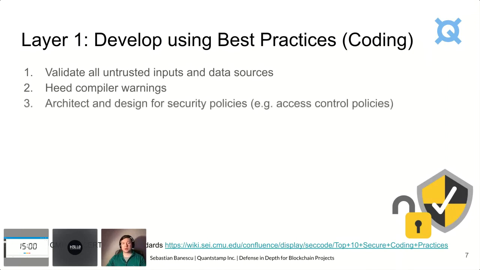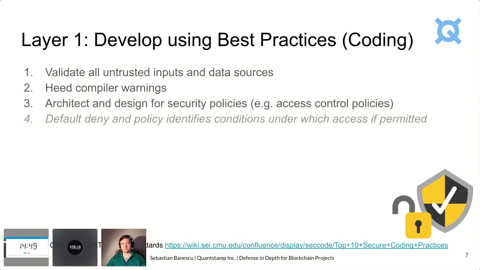You should also architect and design for these kinds of security policies such that you have different roles and you know which roles are able to access which functions. And by default, you should deny access to everyone. In Solidity, this is very hard because you actually need to add modifiers to a function to restrict access, because by default, everything is allowed.